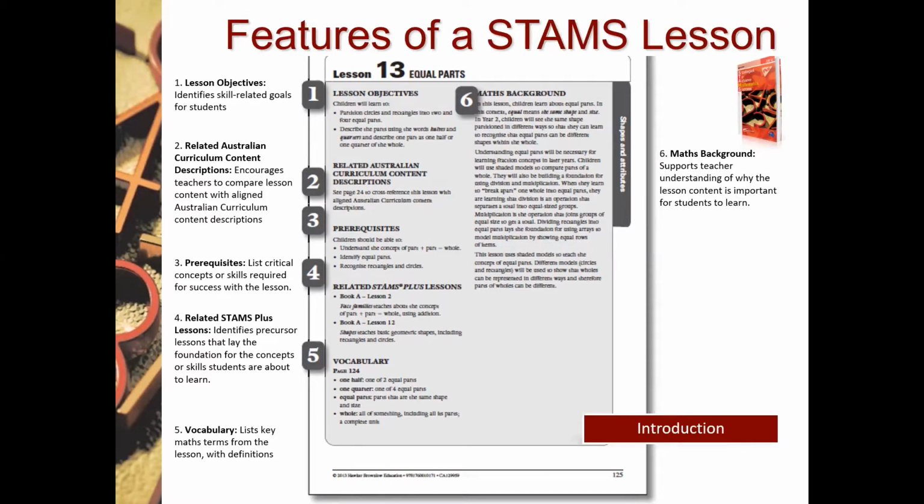Number 5 is vocabulary. It lists key maths terms from the lesson with definitions. And number 6 is the maths background for that actual concept. It breaks down so you're actually familiar with that concept before you even start teaching.